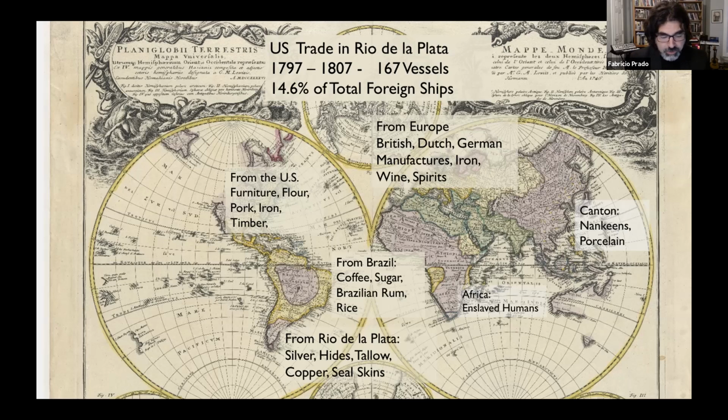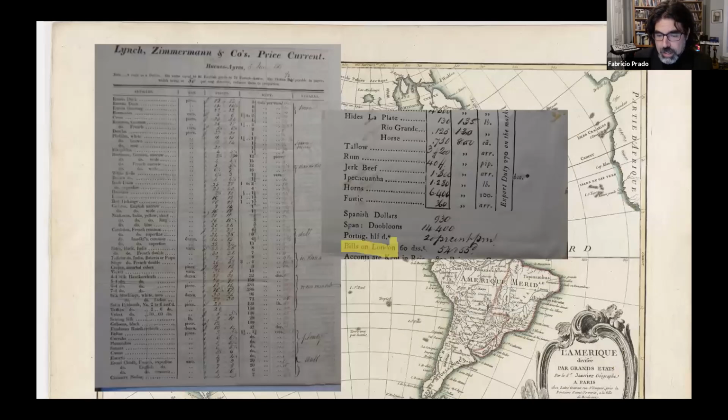As the Napoleonic Wars ravaged Europe and the Atlantic, neutral United States vessels carried produce, silver, information, and people from Rio de la Plata to other Spanish American ports, including Cuba, or even to the Iberian Peninsula.